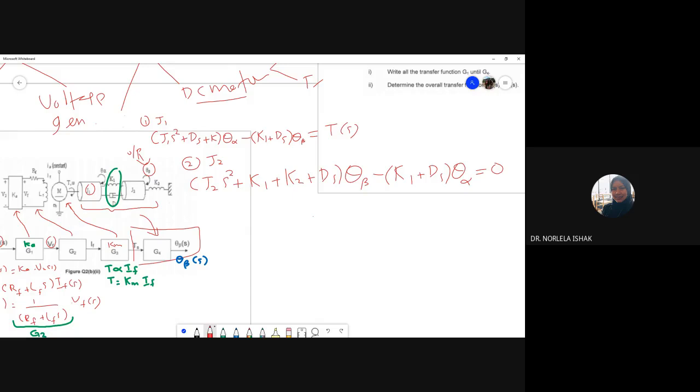So maksudnya persamaan dekat sini adalah theta beta over T sama dengan apa? Betul tak? Okay. So cuba buat dia punya theta, cuba Cramer's rule. Boleh tak buat? Cuba dapatkan equation ni yang madam tulis ni. Try lah. Okay, nanti cuba as your homework.